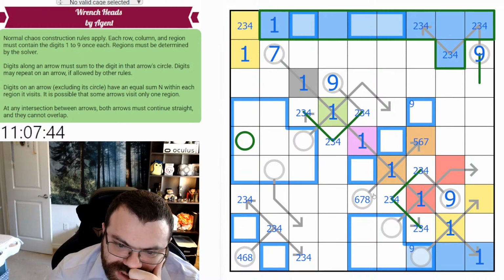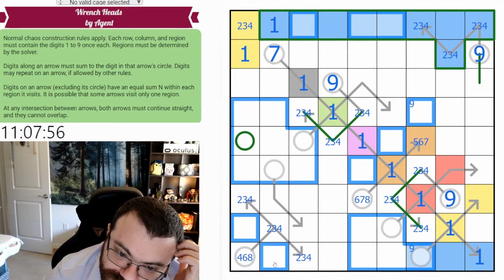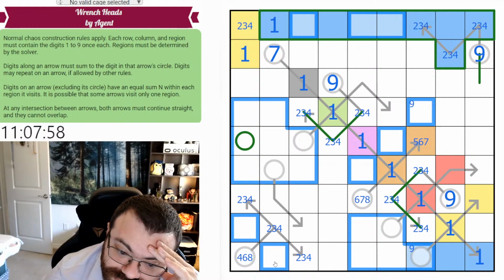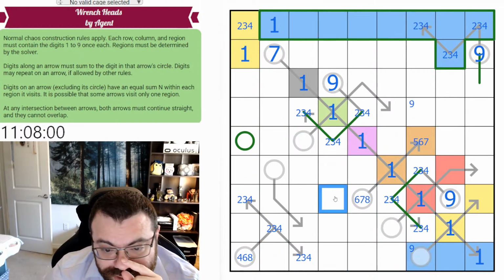Not seeing anything special about 9's. Maybe a jellyfish. Hold on, is there a jellyfish? 1, 2, 3. No, there's not. Not quite, no. Okay, I'm gonna stop looking at 9's.